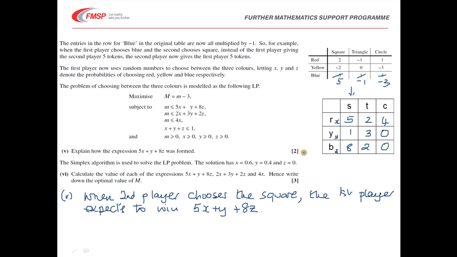You got 1 mark for adding 3 on to each entry in your table to make all entries positive, and then you got 1 mark just for writing down that statement really.